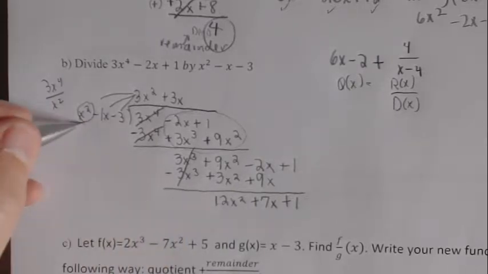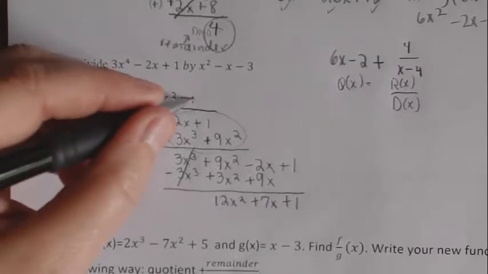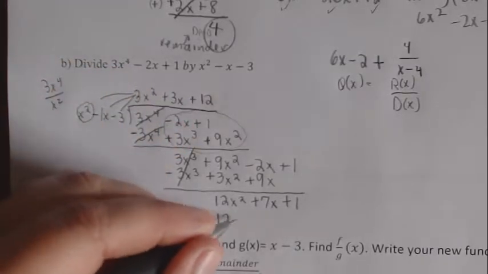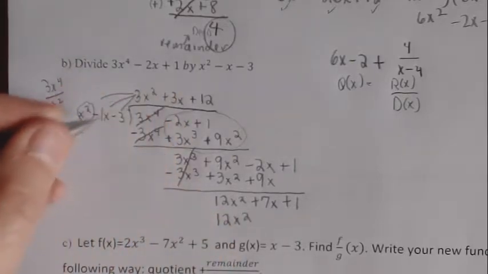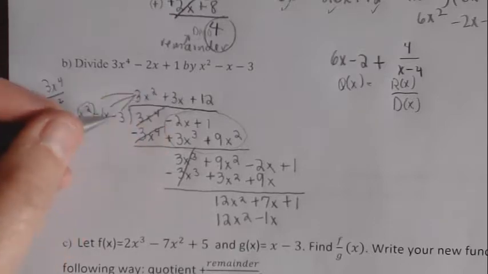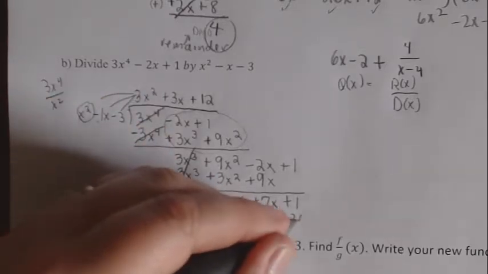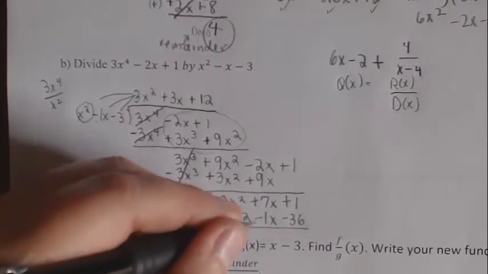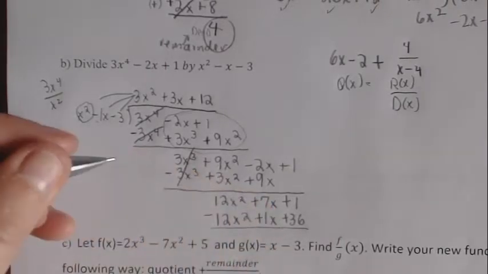12x squared divided by x squared is 12. 12 times x squared is 12x squared. 12 times negative 1 is negative 1x. 12 times negative 3 is negative 36. Draw your line, change your sign because you're going to subtract, and I like to add the opposite.